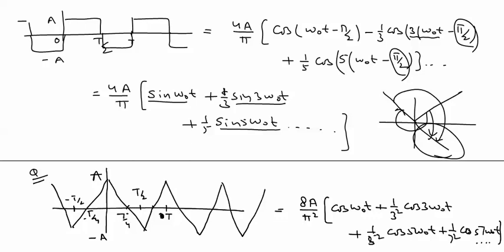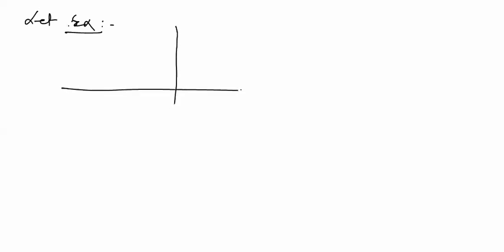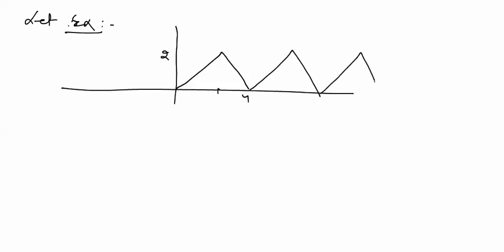By shifting this waveform we can develop another Fourier series waveform. For example, I draw a waveform which has some symmetry also, with values 2, 4, 6, minus 2, minus 4 and so on.